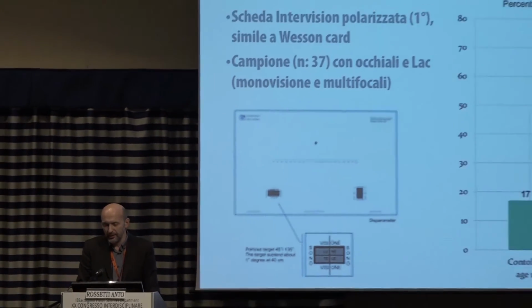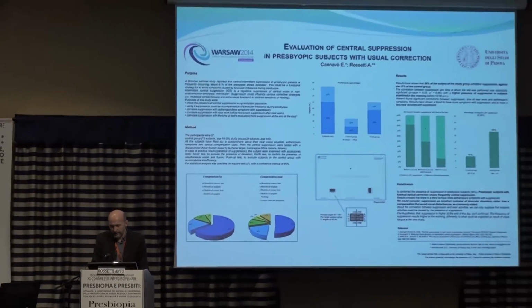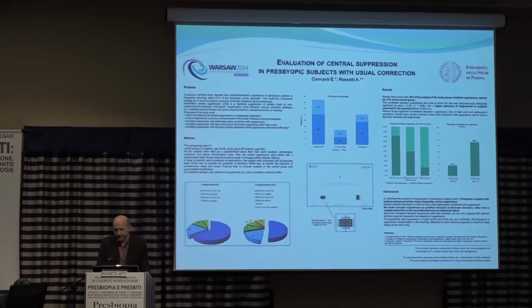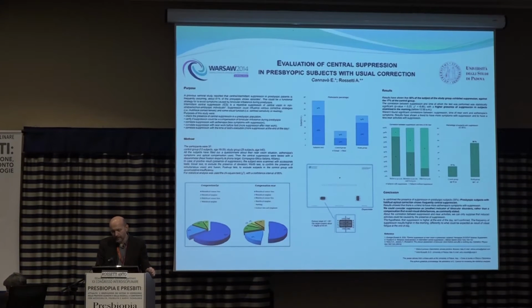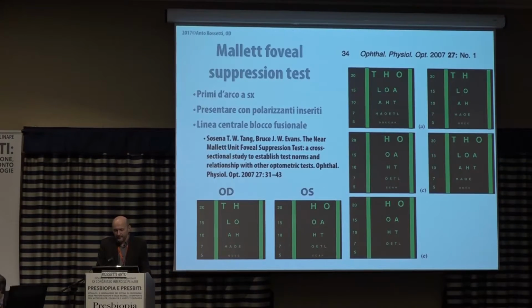One out of two tend to suppress spontaneously, or even more than one out of two. This was presented at the European Academy and was awarded a poster prize.